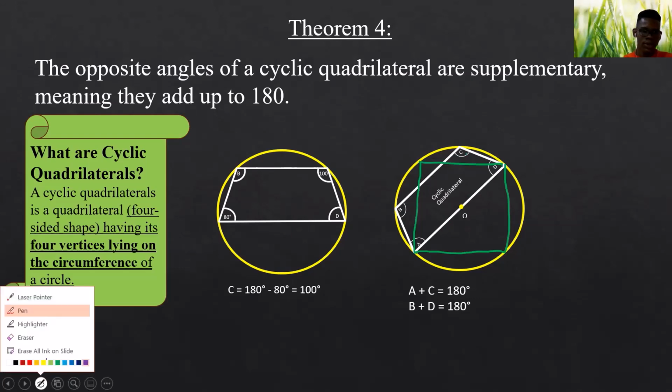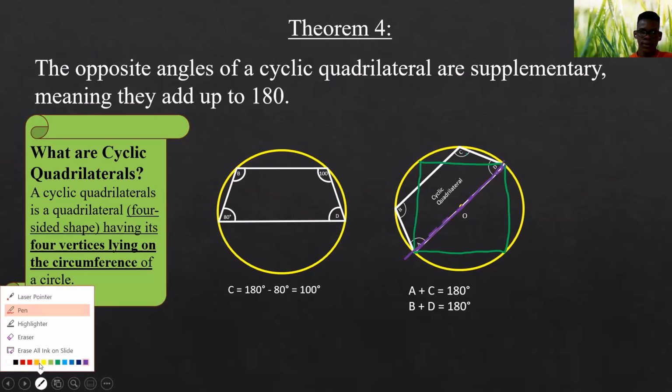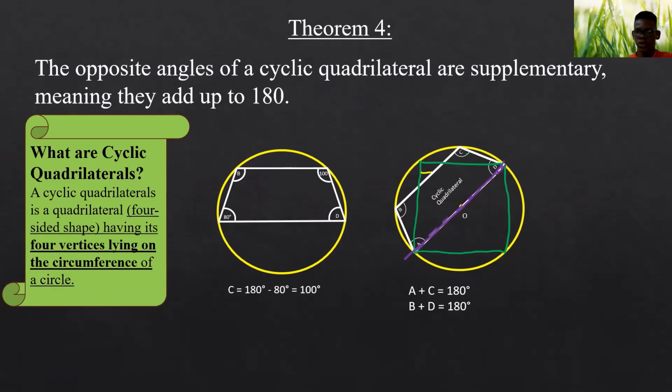So this is our diameter. If it was like this, highlighting our diameter again, then of course, right away, you know this would be 90 degrees because this angle here is standing on the diameter, and this would be 90 degrees.